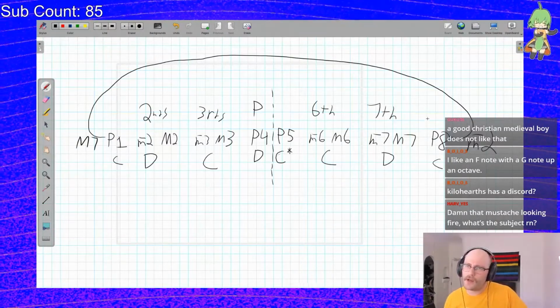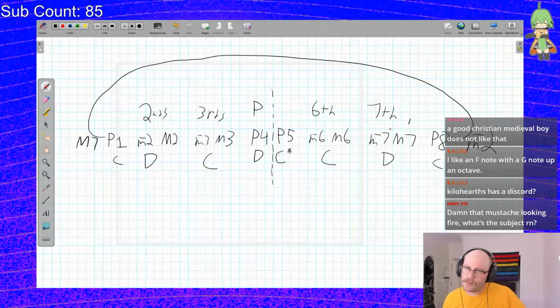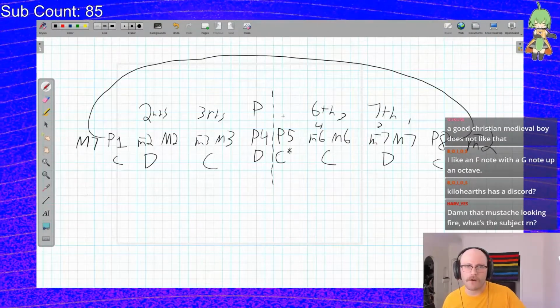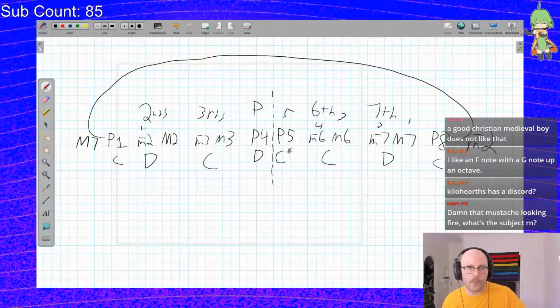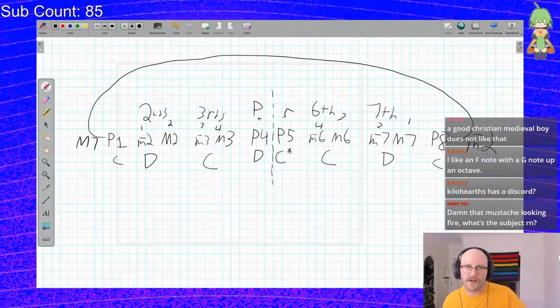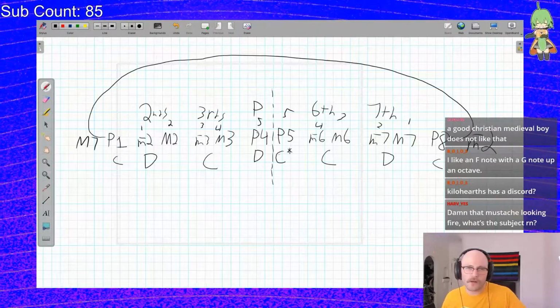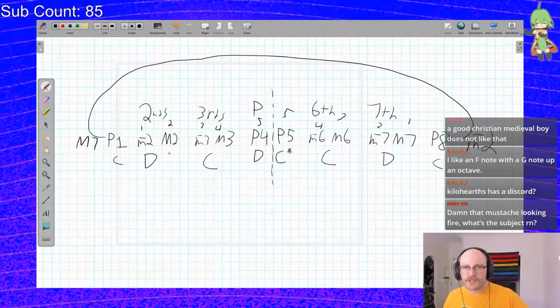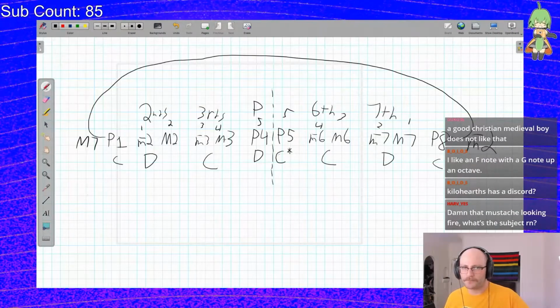So we have 8 going to 7. That's 1, 2, 3, 4, 5. Now we're going up. 1, 2, 3, 4, 5. So there is this pretty interesting symmetry within this 12-note range.